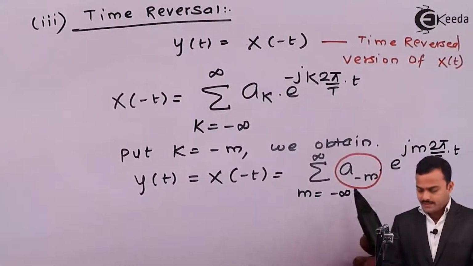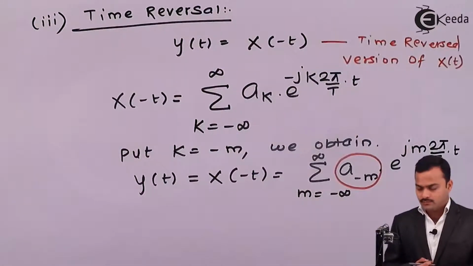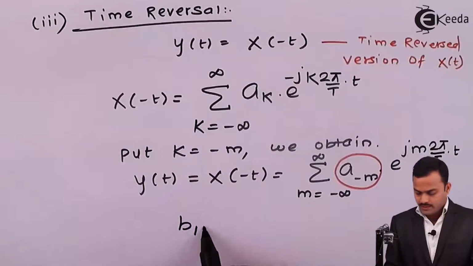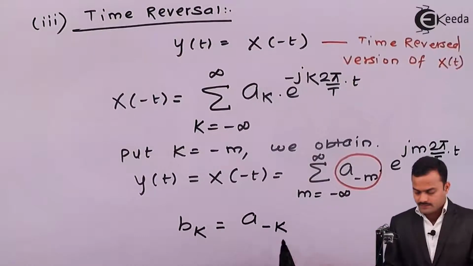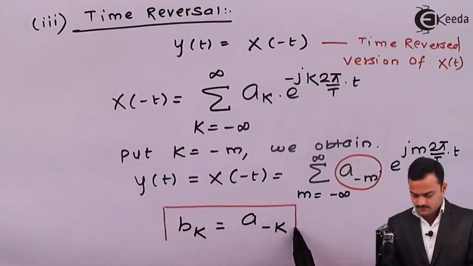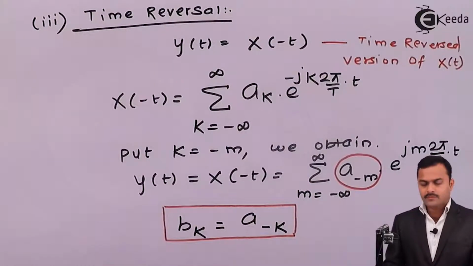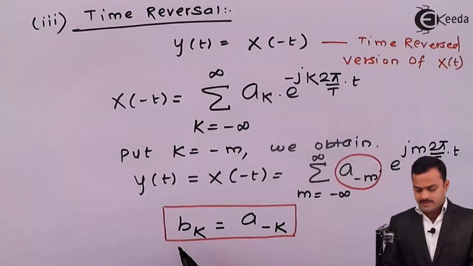So now what effect will it have? The new coefficient that we obtain by doing a time reversal of a signal will be denoted as b_k, and that b_k is nothing but a minus k. So whenever we do a time reverse of a signal, whatever the value you obtain for a minus k, that will be the same for b_k.